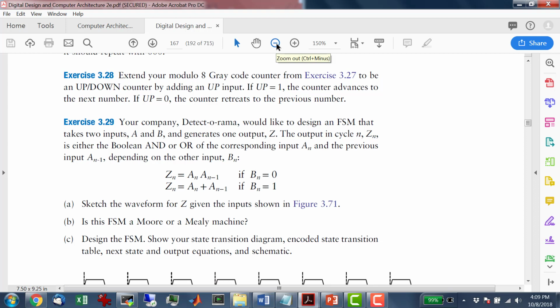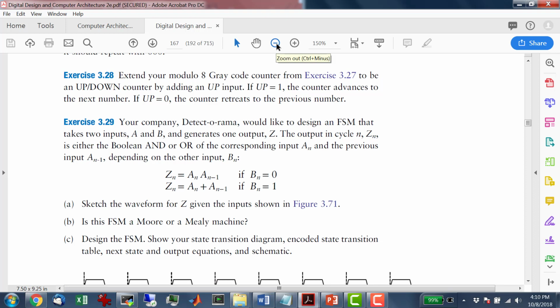So Z is going to be 0 and 0, right? Because my old A was 0, my new A is 0, so 0 and 0. On the other hand, and I need a new transition for this, if my A is 0 and my B is 1, that means that my Z is going to be an OR, right? But it's just going to be 0 or 0, which means that my output's still 0, right?